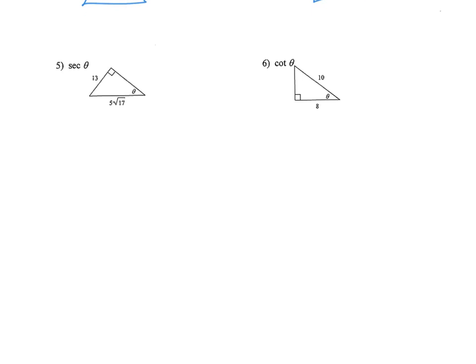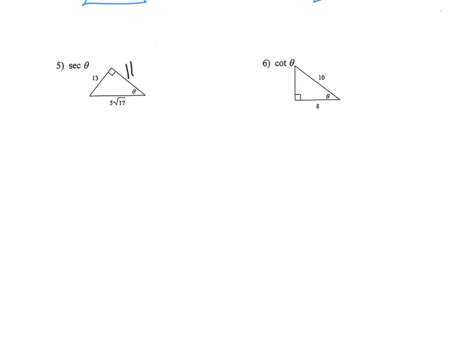How about secant? Secant is the reciprocal of cosine. Cosine is adjacent over hypotenuse. That means that secant is hypotenuse over adjacent. So again, we need to use the Pythagorean theorem and find the adjacent side.